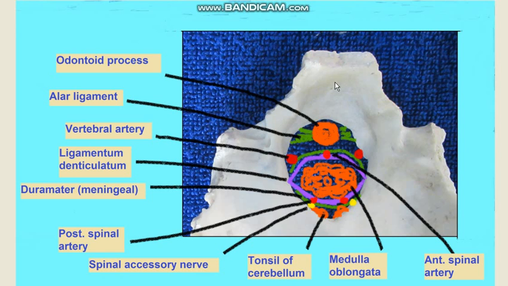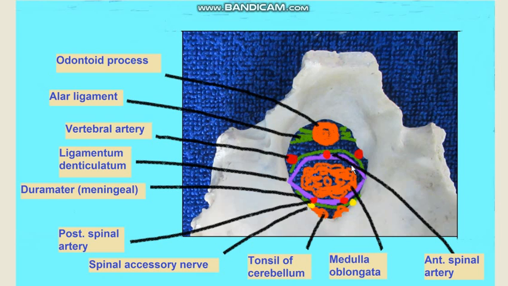One of them is the apical ligament, and then you have the superior crus of the cruciate ligament, and behind them the membrana tectoria. The apical ligament is from the tip of the odontoid process, the superior crus of the cruciate ligament is a continuation of the transverse ligament of the atlas, and the membrana tectoria is a continuation of the posterior longitudinal ligament.